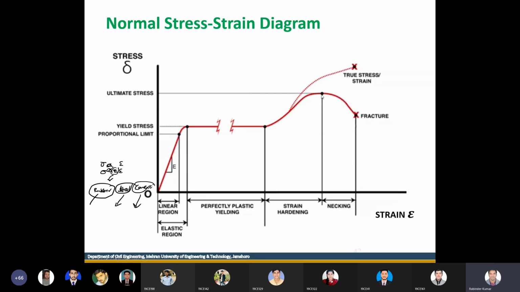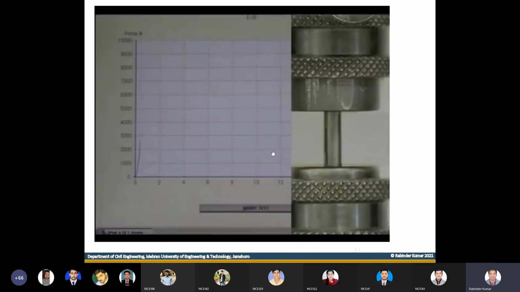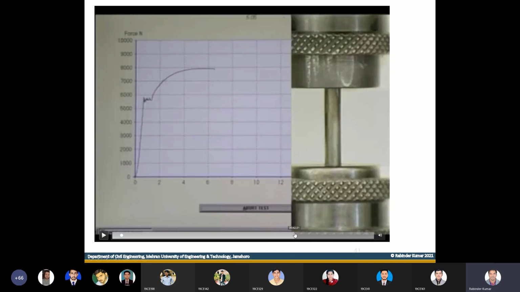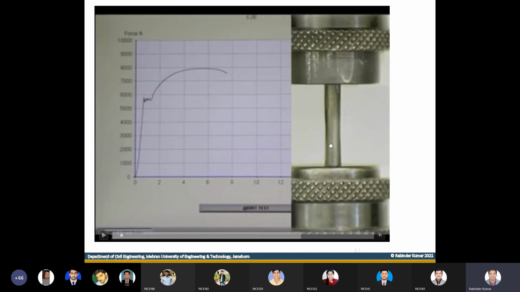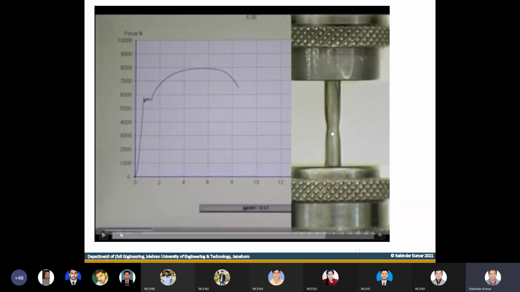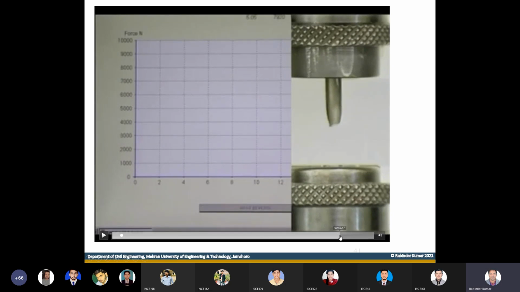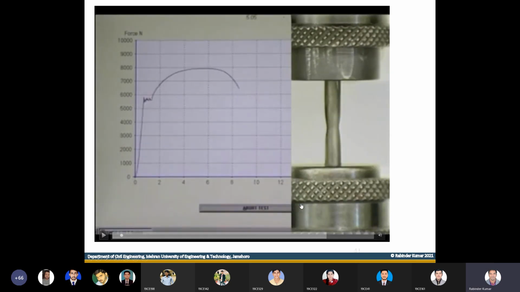After some time the necking appears, as I showed you, when the curve went to the peak and after that the necking starts appearing. As the necking appears, obviously this curve will decline towards the failure, and after some point the material will fail.